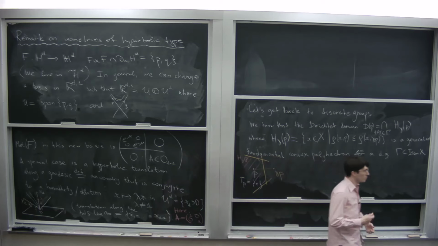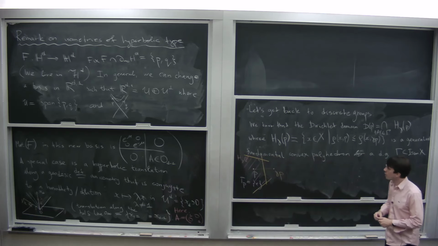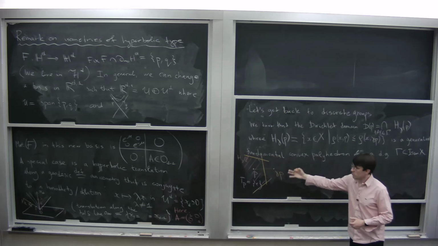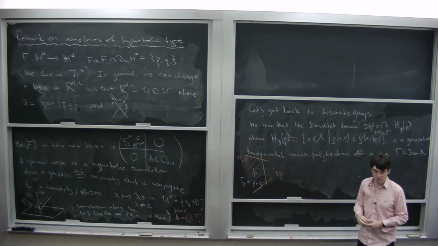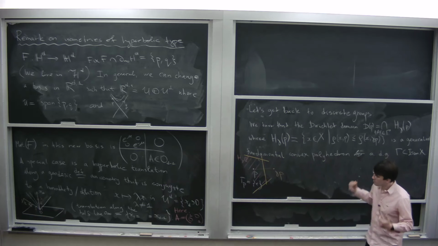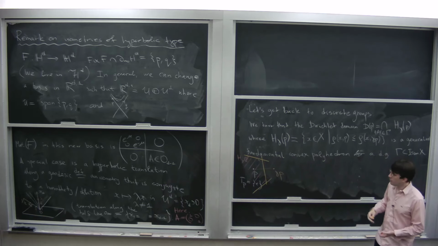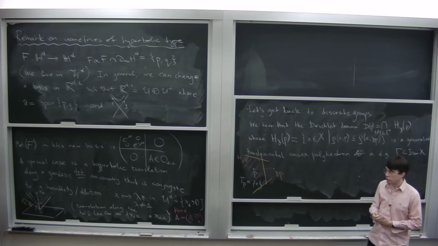And now I would like to discuss a group theoretical question. So now I found a convex polyhedron, which is a fundamental domain for gamma. How can I find the generators for gamma and defining relations?